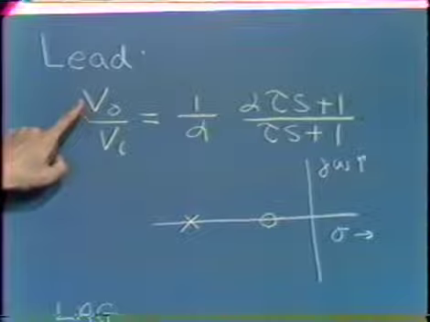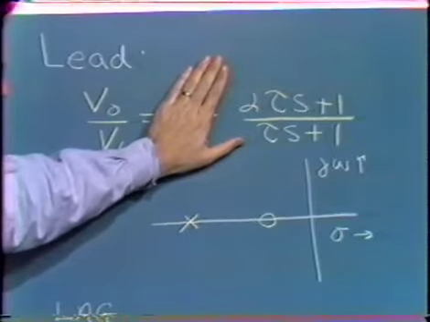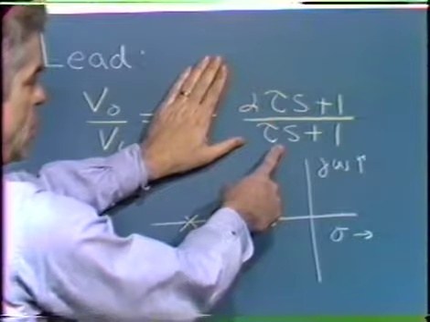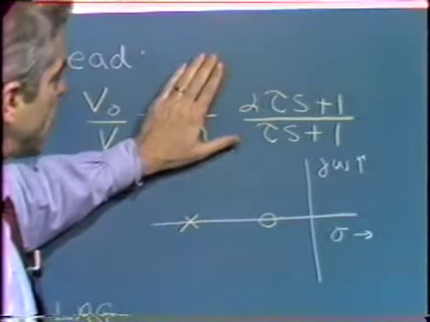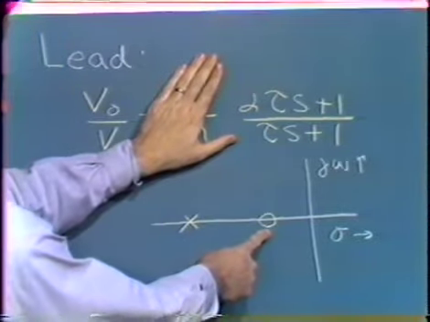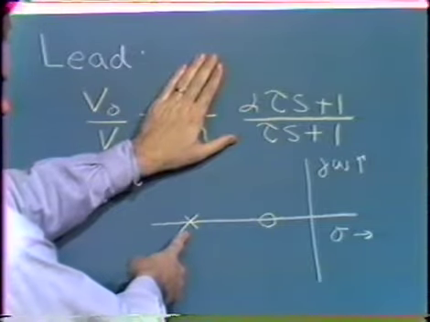And the output over the input for that sort of system, as a function of s, is one that combines a low frequency zero with a pole located at a higher frequency. In this representation, we assume that alpha is a number larger than 1. Consequently, we get a zero in the lead transfer function at a relatively lower frequency than the pole.